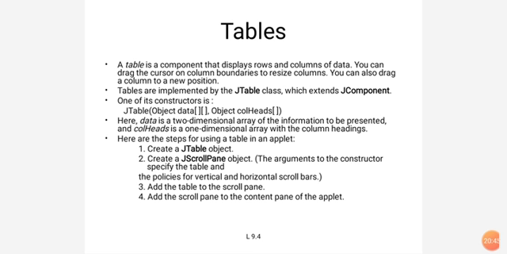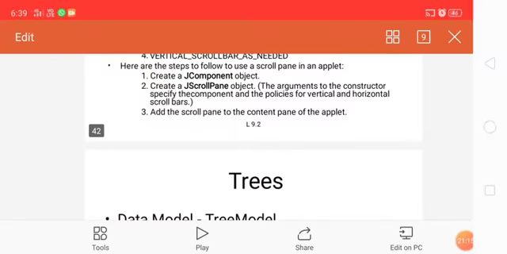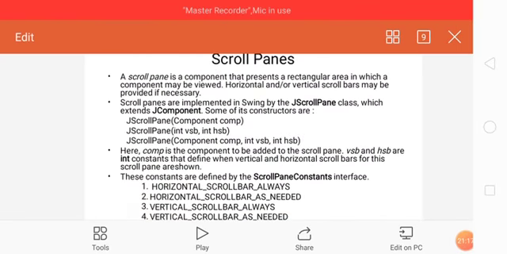These are all Swing components. Whenever you read about the differences between AWT components and Swing components, a few of the components covered in today's video are not covered in AWT, because these are powerful components covered only within the Swing package, like JTable, JTree, and JScrollPane.